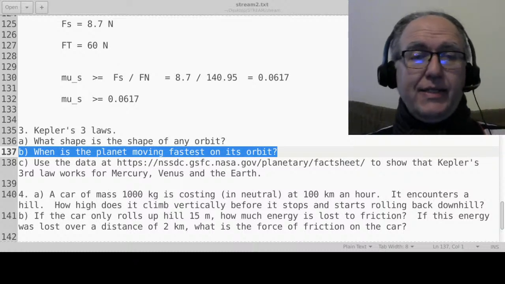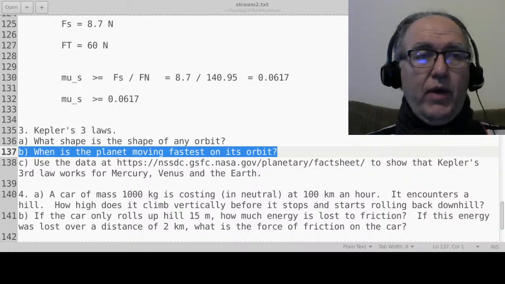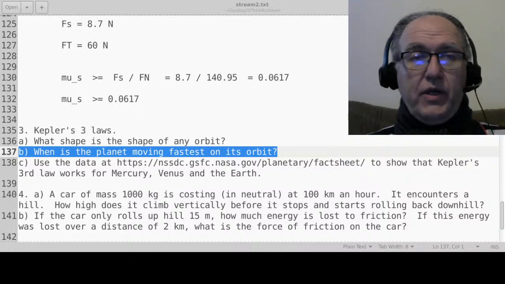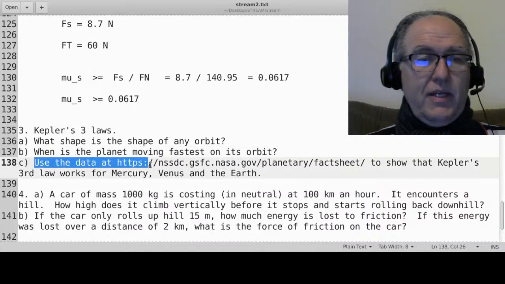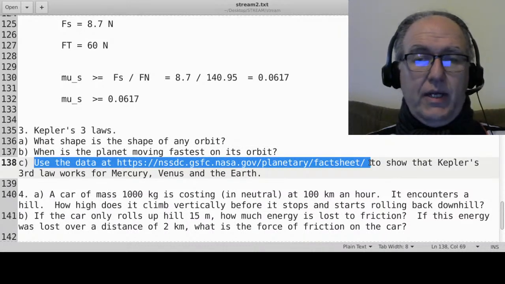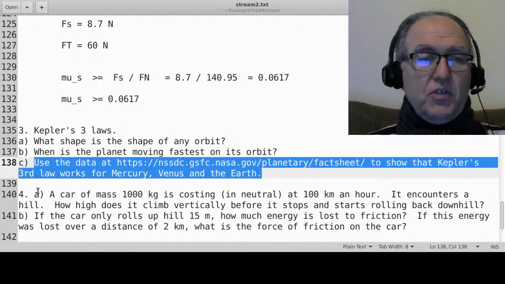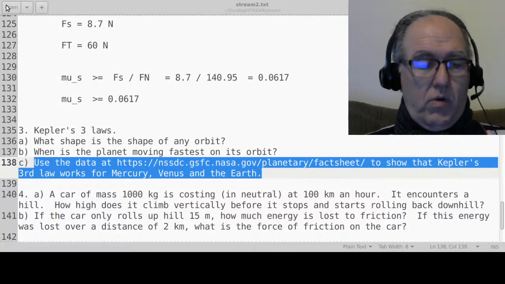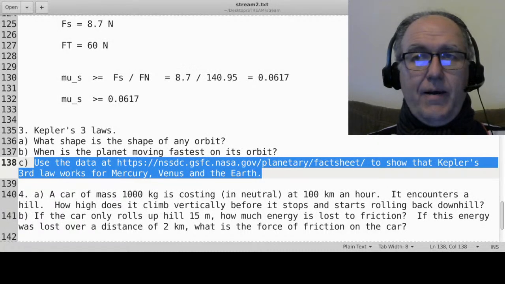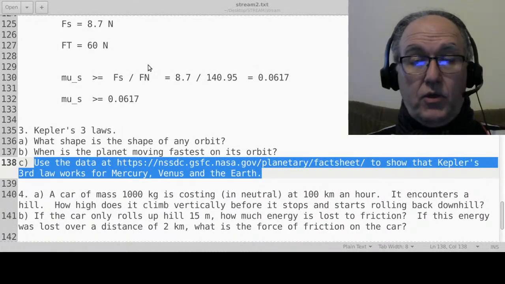It's the third law that is the interesting one, and it's the one that we can do calculations with. For the third law, I said to use the data from this site here. We'll take a look at it in a minute to show that Kepler's third law works for Mercury, Venus, and Earth. So first of all, what is Kepler's third law?